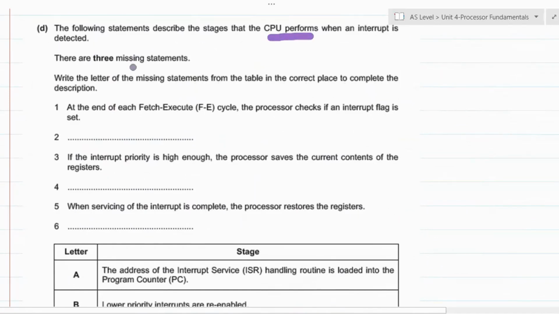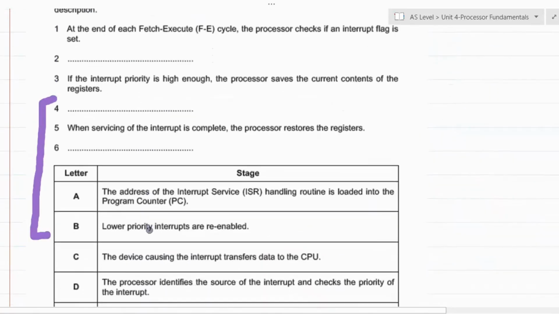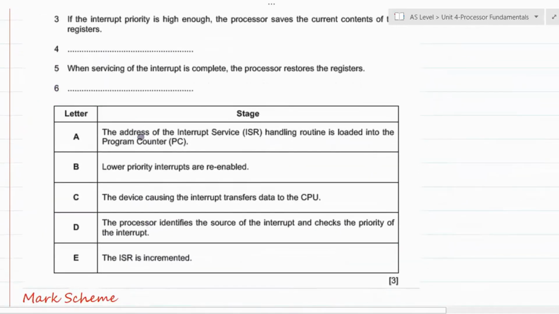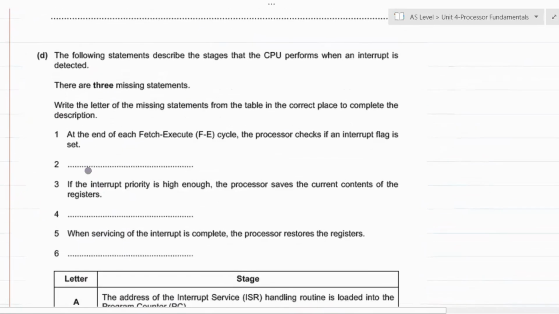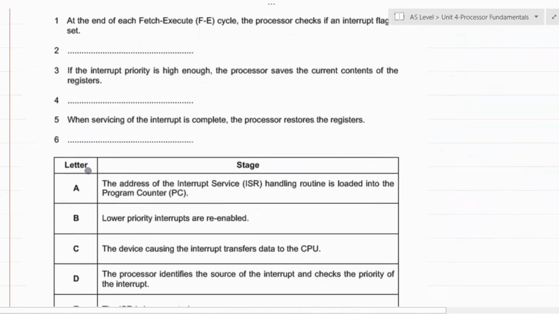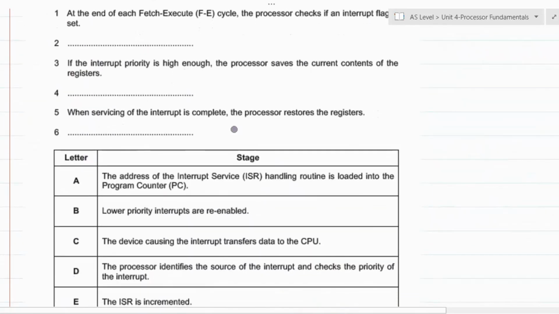There are 3 missing statements. Write the letter of the missing statements. So these are the stages, and there are a few missing stages. So you need to pick which one, in what sequence you have to write these. Okay. So just have a read, figure out your answer.